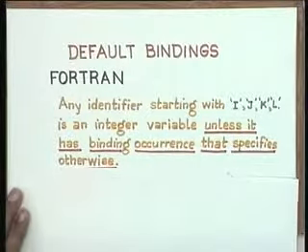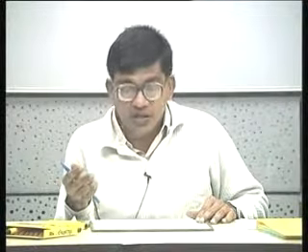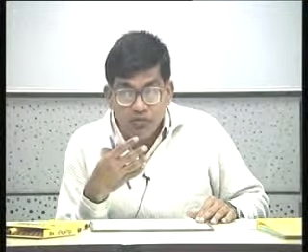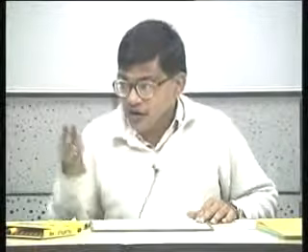Right. So they had these things which actually make matters really bad, because what can happen without these binding occurrences is that you might actually have a variable starting with I. You choose your identifiers so that they reflect the problem context, right.